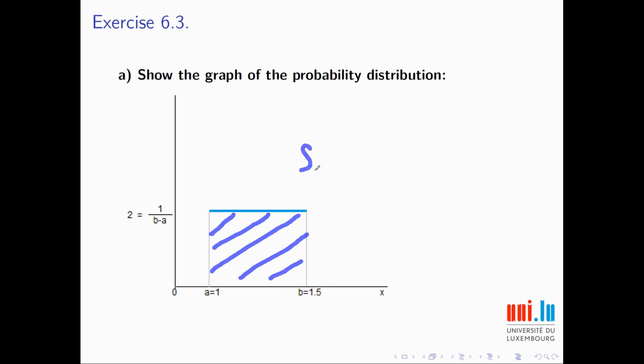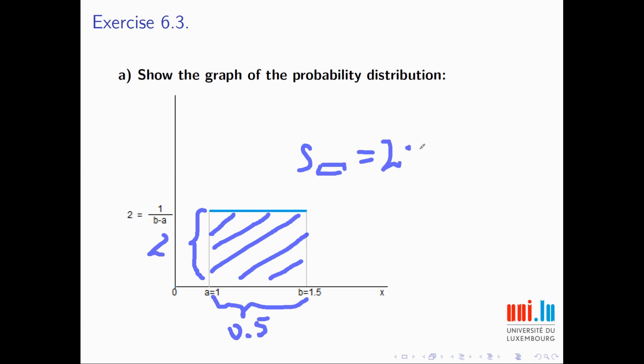I think if you remember from school, the area of the rectangle is equal to the product of width by height. Here the height is 2, and the width of our rectangle is 0.5.